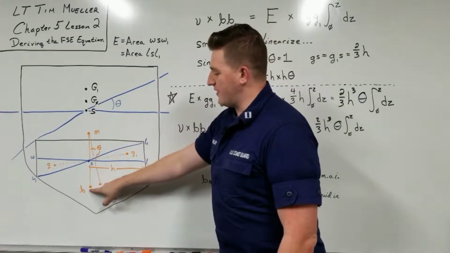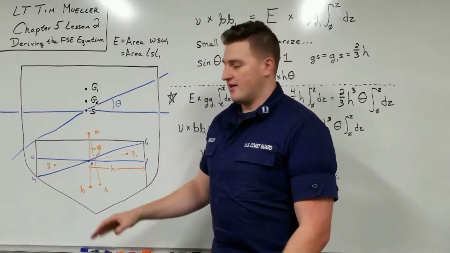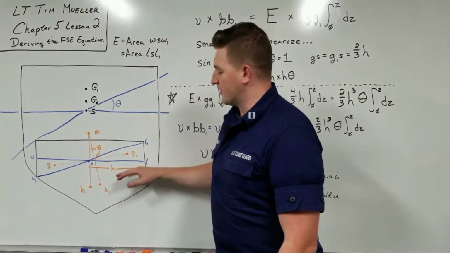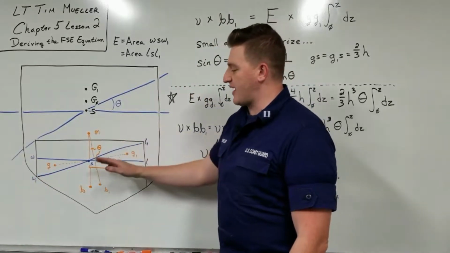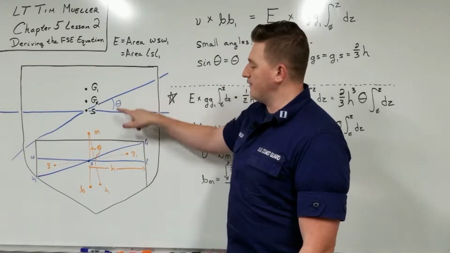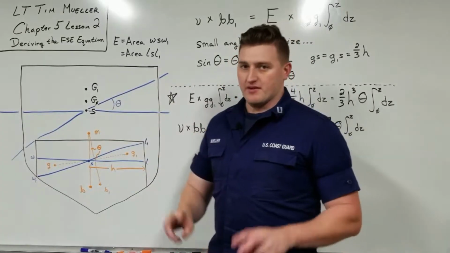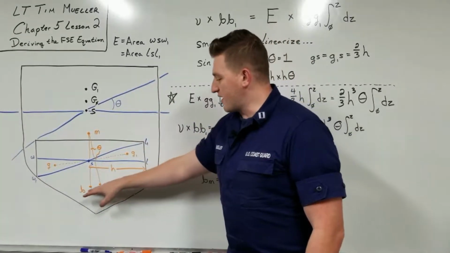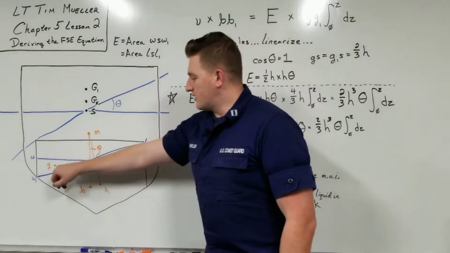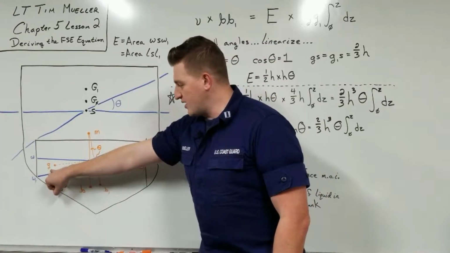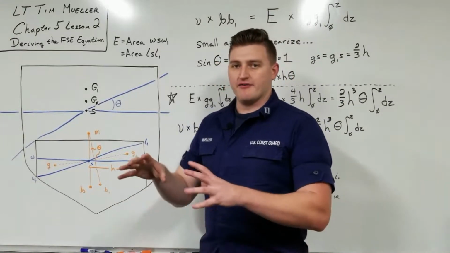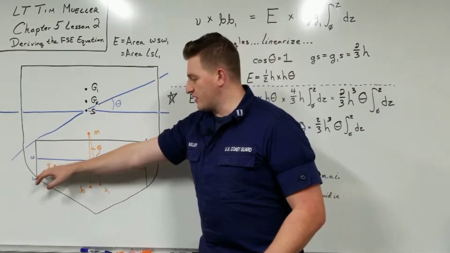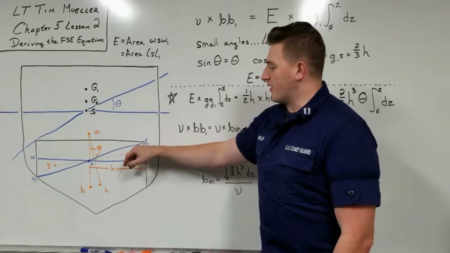This lowercase b is going to be the center of gravity of the tank contents originally. This B1 is going to be the center of gravity of the tank contents at some inclination, theta. M is going to be the metacenter of this center of gravity moving around. Lowercase g and lowercase g1 is the center of gravity of those wedges that we lose on the left side and gain on the right side.